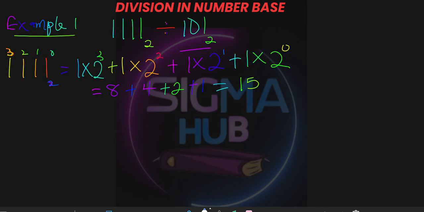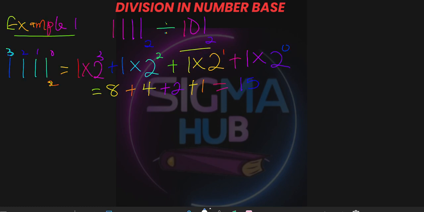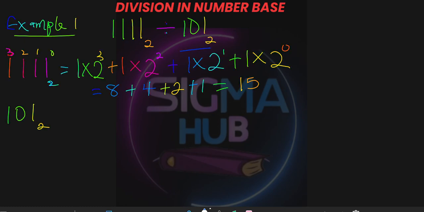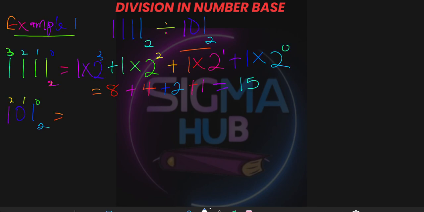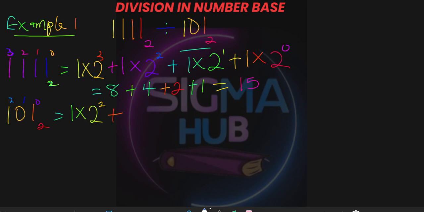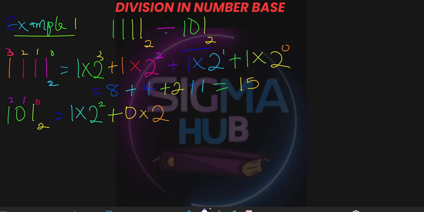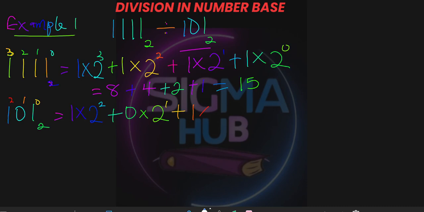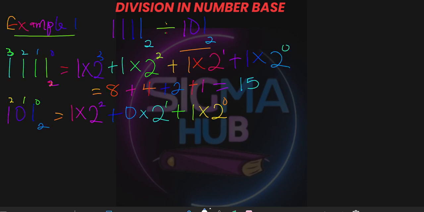Now let's convert 101 also to base 10. So we have 101. Converting to base 10, we assign the powers 0, 1, and 2, which is going to give us 1 times 2 raised to power 2 plus 0 times 2 raised to power 1 plus 1 times 2 raised to power of 0.